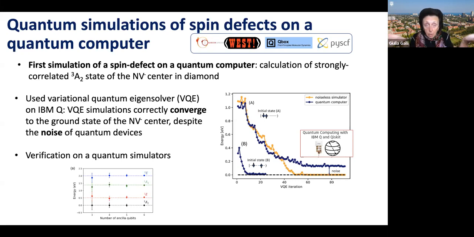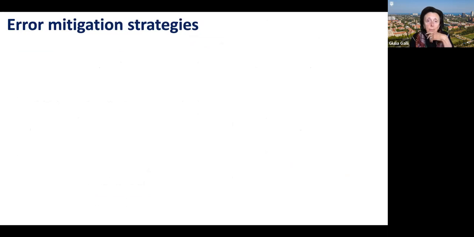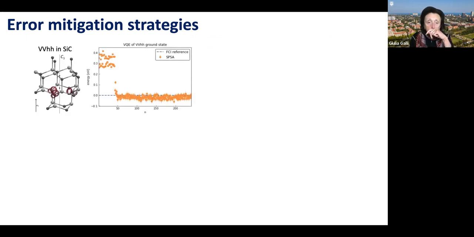Then we learned how to do excited states. So let me tell you really quickly the two main problems that we tried to tackle. This is a minimization of the energy as a function of the number of measurements that we do on the quantum machine. And the blue line is FCI, full CI, meaning the calculation that we do on a classical computer.